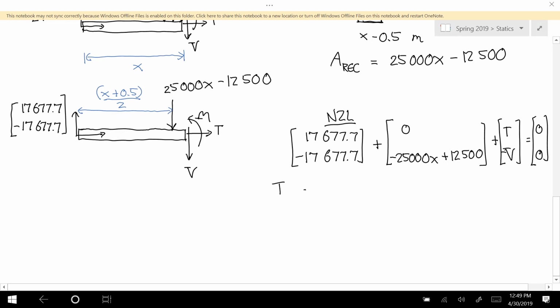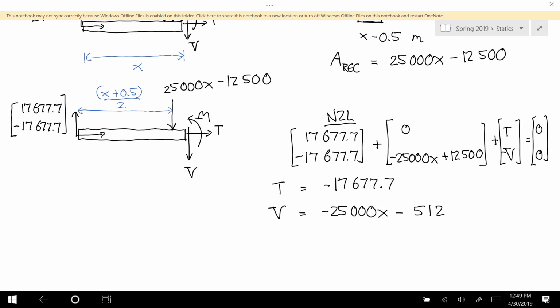And so t is the same thing it was before, negative 17,677.7. And v is equal to negative 25,000x minus 5,100, to, where am I? 5,100, 27.7.